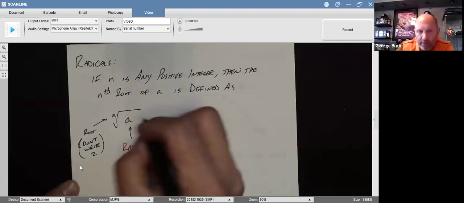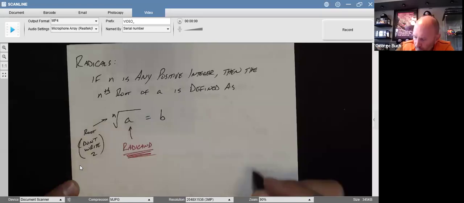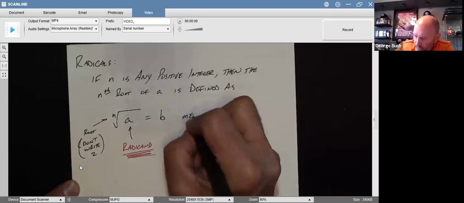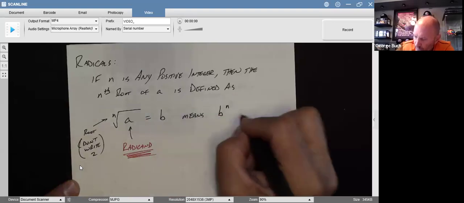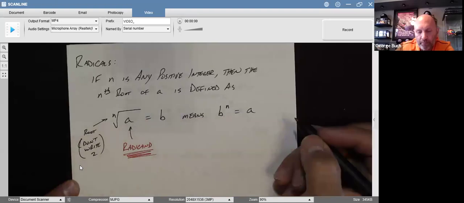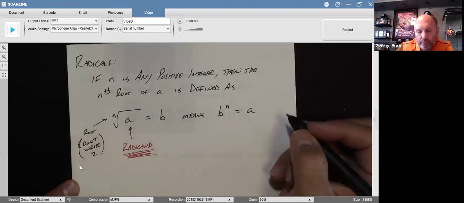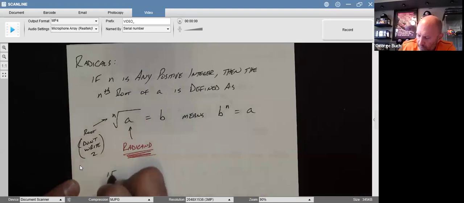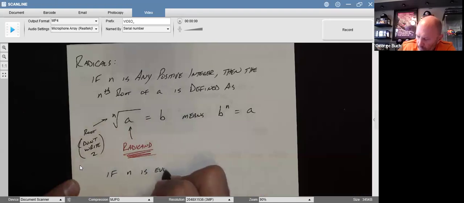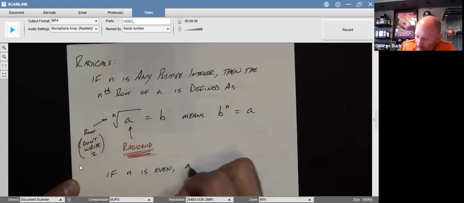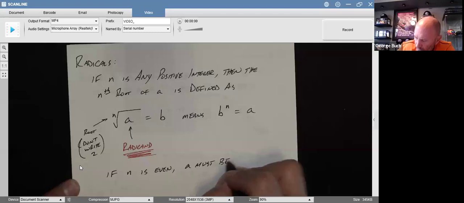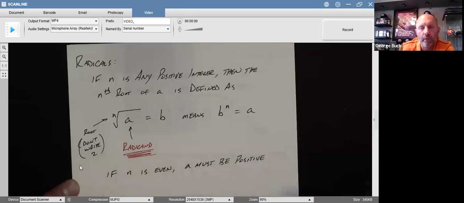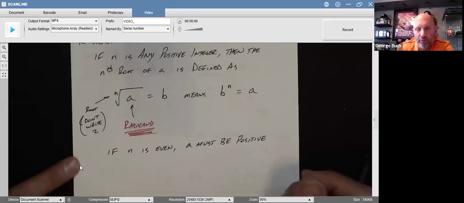So if this whole thing is equal to some value b, what this means is that b to the nth power is equal to a. And so if n is even, then a must be positive, and that will give us a b value that's positive as well.